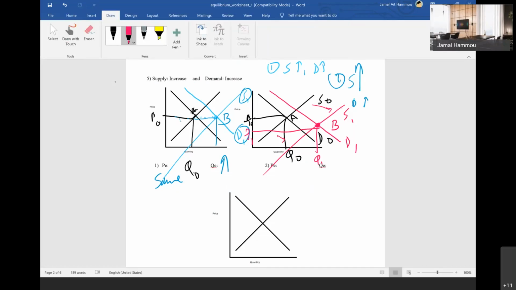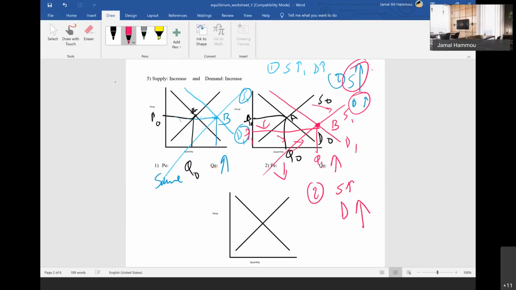The price went down and equilibrium quantity went up. So in this case, we have a big shift of supply and a small shift of demand. Now the price will go down and the equilibrium quantity will increase. That's case number 2. Case number 3, what if we flip this situation where supply increases a little bit, but the demand increases a lot.